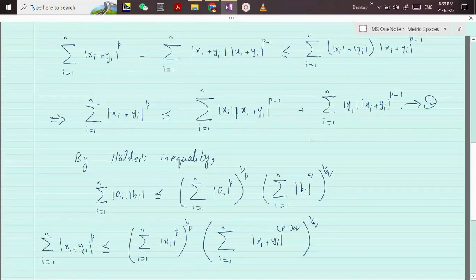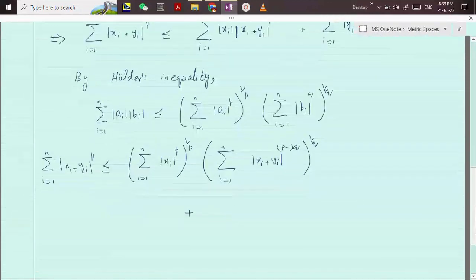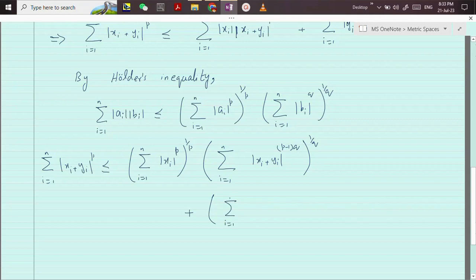by Hölder's inequality on this sum, we have summation i from 1 to n mod of yi power p whole power 1 by p into summation i from 1 to n mod of xi plus yi into p whole power p minus 1 into q, and the power of summation is 1 by q.